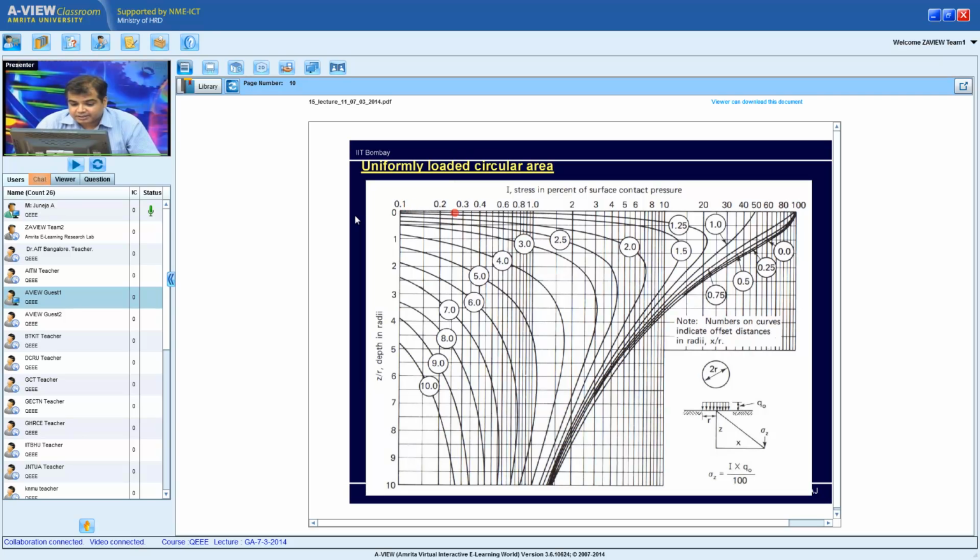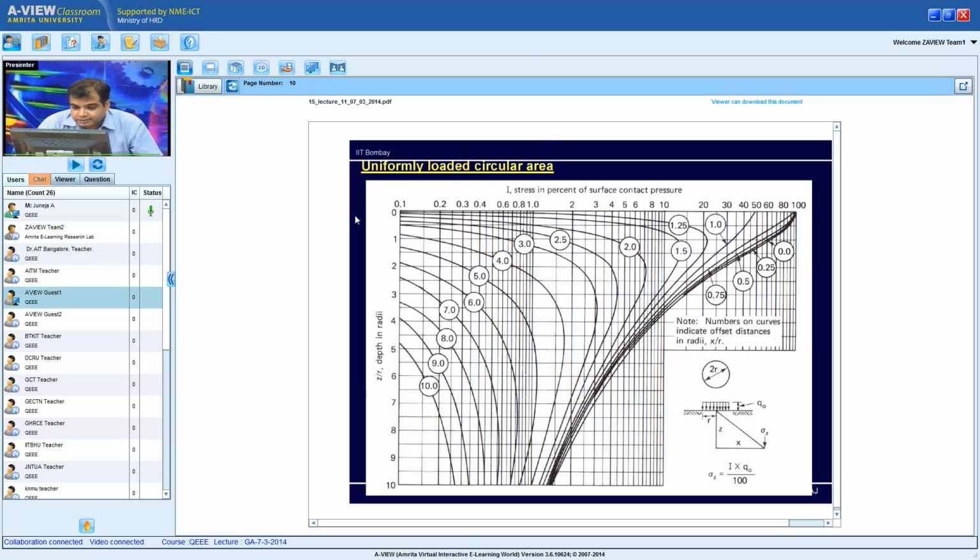Another difference is the influence value is now on the horizontal scale, the abscissa scale, and the vertical axis is now normalized depth z by r. r is the radius of the loaded area, and each curve represents x by r, which is the normalized horizontal offset.